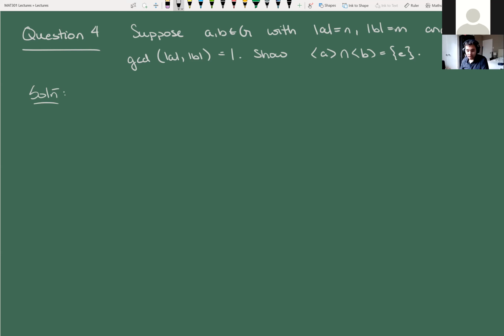Okay, so anytime you want to show anything about the intersection, you start by choosing an element in the intersection. Let X be in the intersection of the subgroups generated by A and B. So in particular, X is in the subgroup generated by A and X is in the subgroup generated by B. Alrighty. So somebody tell me, what can I say about the subgroup generated by X?